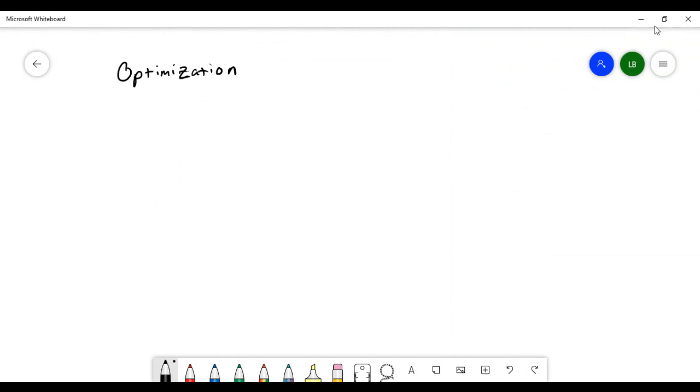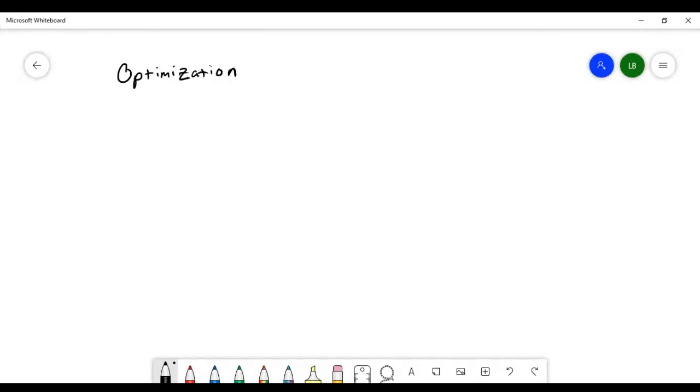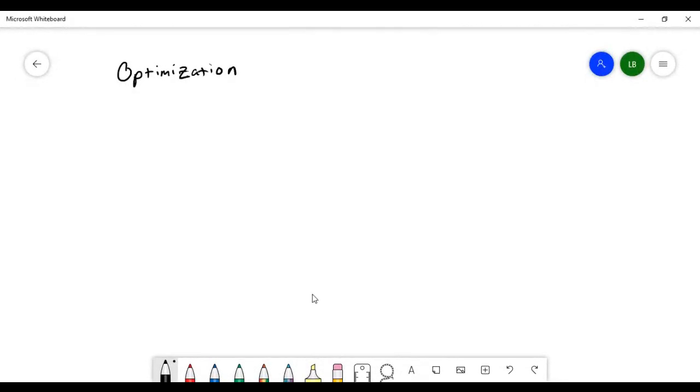Okay, so if you recall, when we take the derivative of a function, it lets us find maximums and minimums, correct? Yeah, so with optimization, we could use the first derivative of a function.